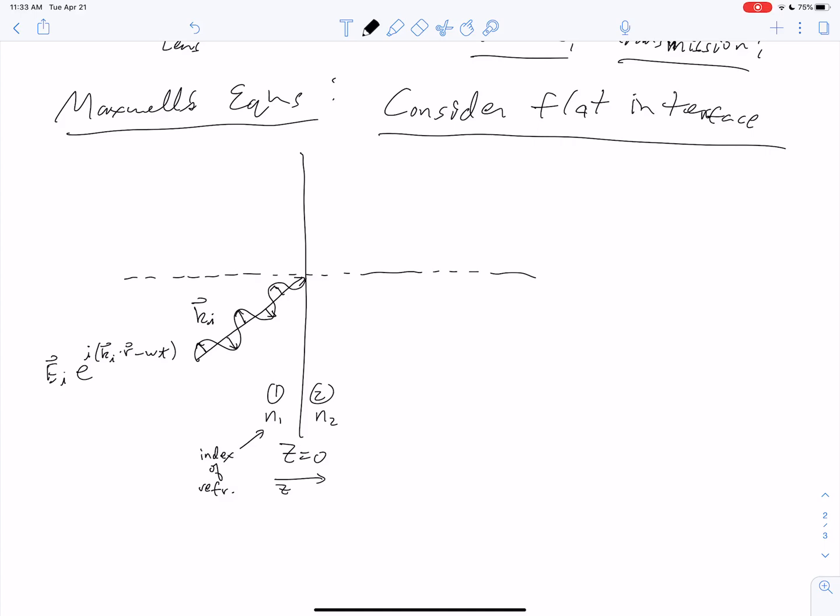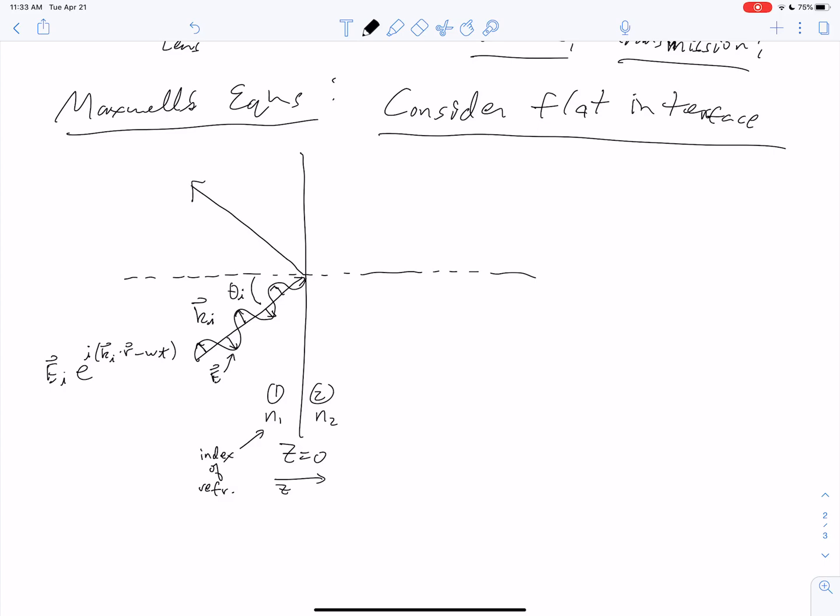And so here I'm drawing the little E fields. And now it's coming in at some angle. I'll call that the angle of incidence, theta sub i. And then there's going to be some reflected wave.